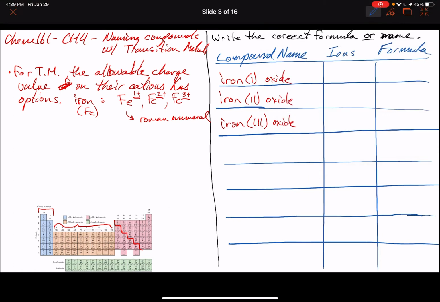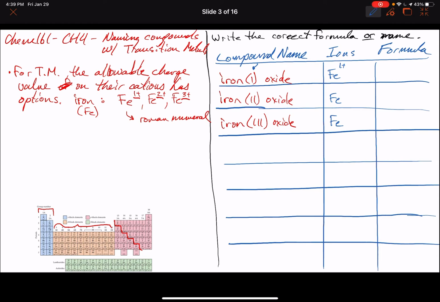Okay, so like we've done before, you would start by listing the ions that you know are present. Here, clearly we've got ions of iron in all three of these cases. These are going to be cations because we know iron is a metal, specifically a transition metal, and likes to lose electrons and form cations. We can't predict what the charge value is, so we turn to the Roman numeral to help us there. The Roman numeral to the right of the word iron tells us that this is a 1+ cation.